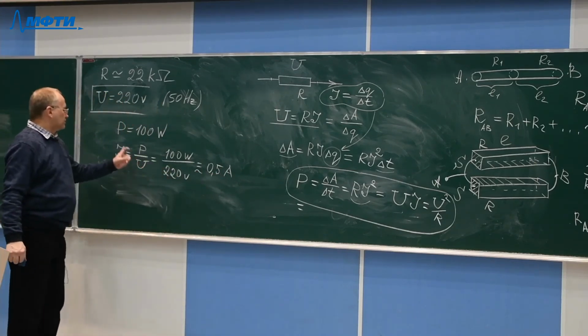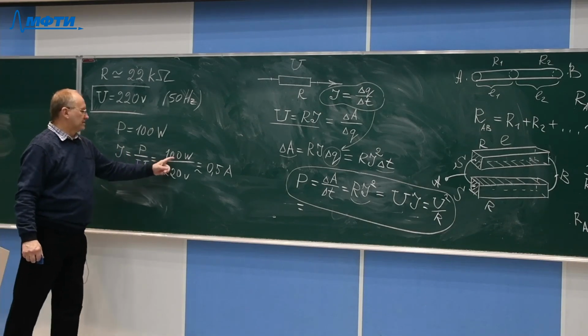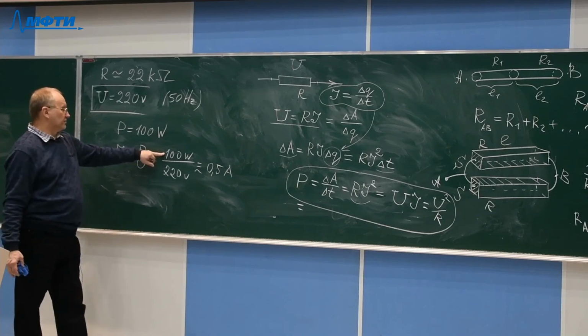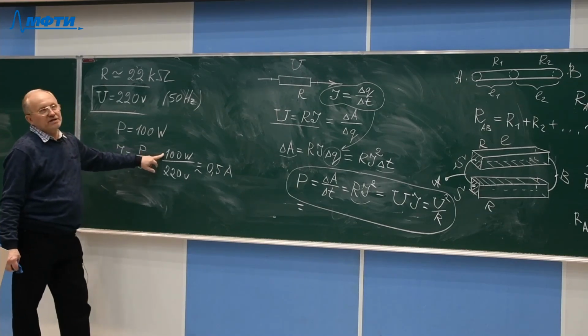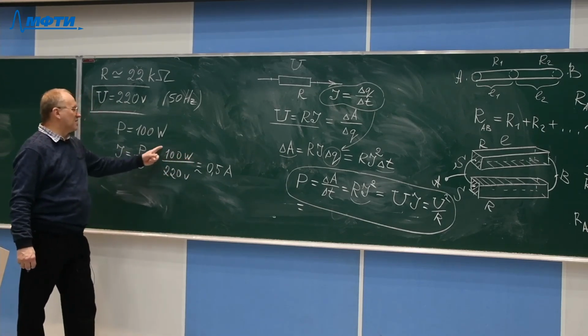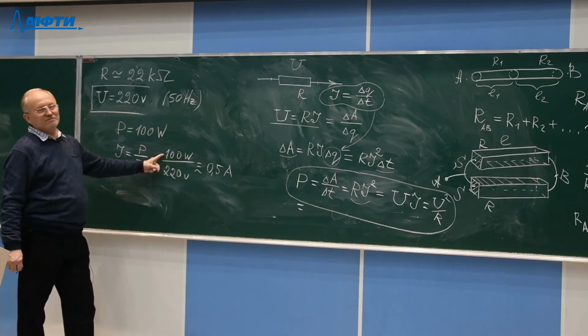Approximately half an ampere will go through this bulb so that it can produce such a power of illumination, 100 watts. If you take some electric appliance like a vacuum cleaner, its power may be 10 times this quantity, maybe up to 1000 watts.